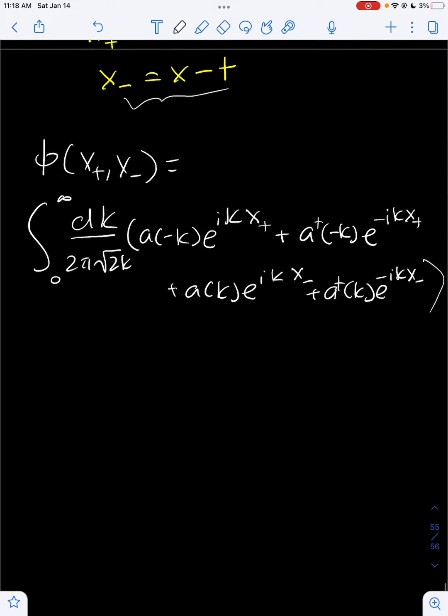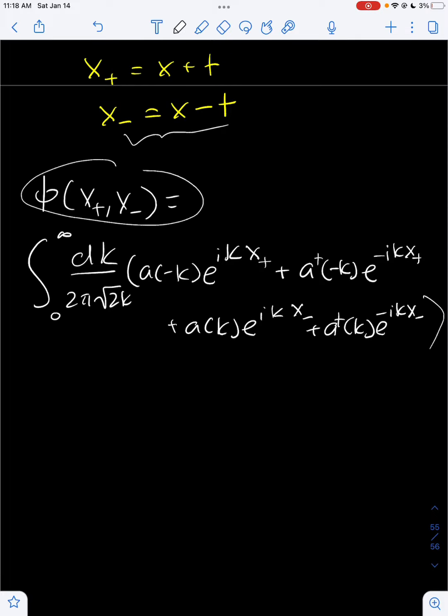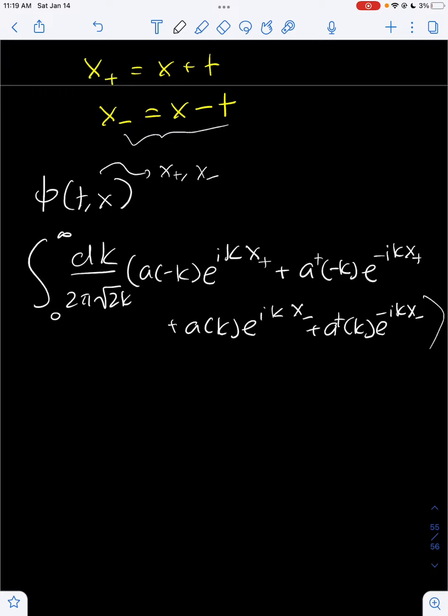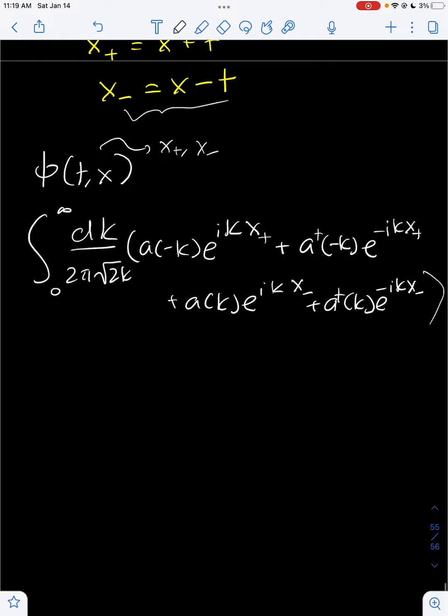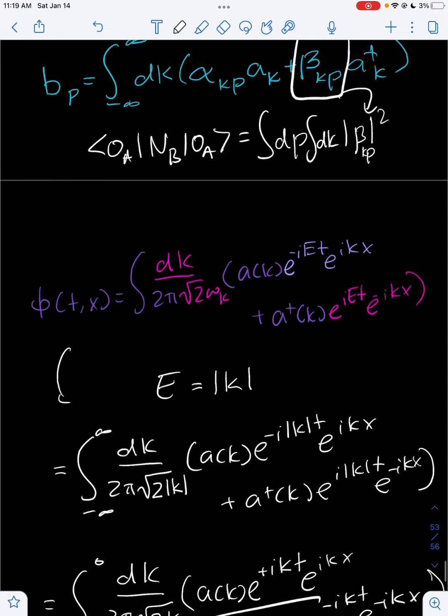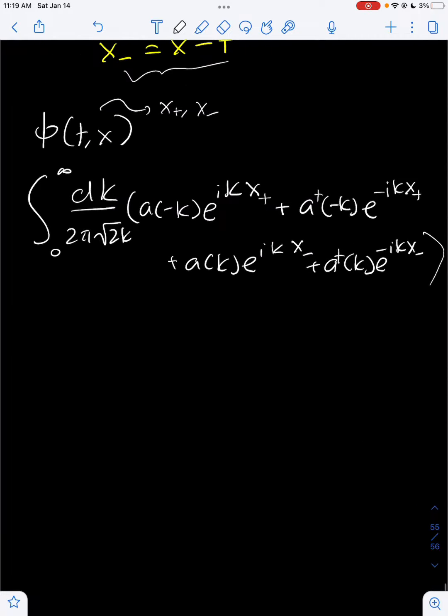So now we have this, and that's for phi. I'm going to write this out again as phi of t, x, to remind you that we are still using the inertial Minkowski coordinates, but we can also write it as x plus and x minus. If we do this exact same thing for Rainbow Dash's coordinates, we would get something very similar.